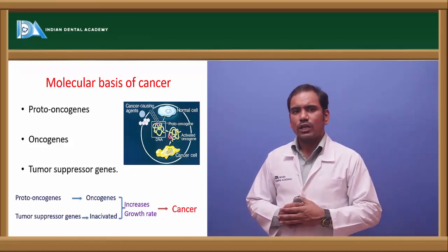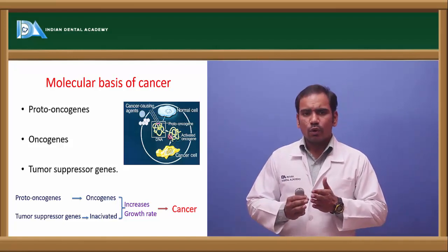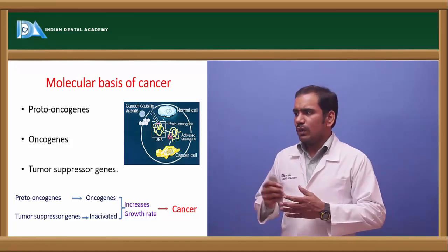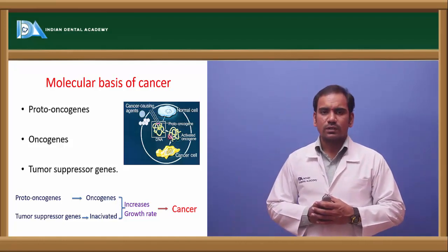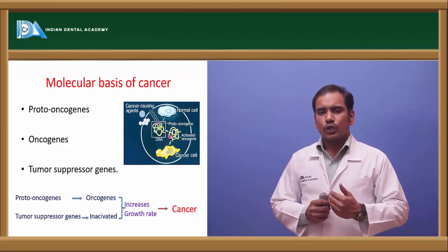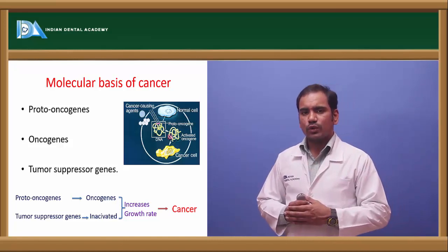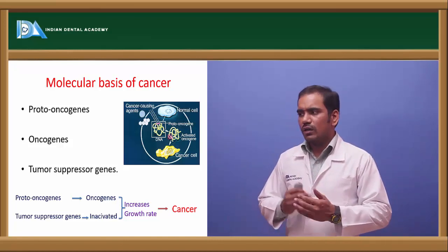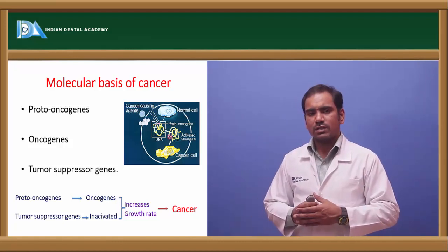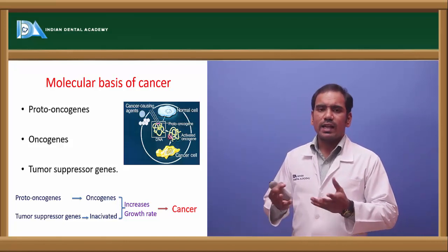Whenever a proto-oncogene is transformed into an oncogene, the growth rate of cell division increases, and that leads to cancer. In the same way, tumor suppressor genes suppress tumor formation, but when they lose their function, they are inactivated.